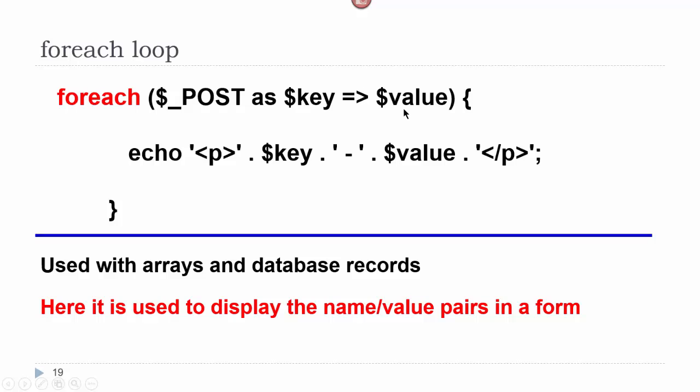These are variable placeholders, and they essentially represent the name-value pairs, commonly called key-value pairs. Here again, this works with our associative array. And here we can echo back the values. This is an easy way of iterating through your form values.